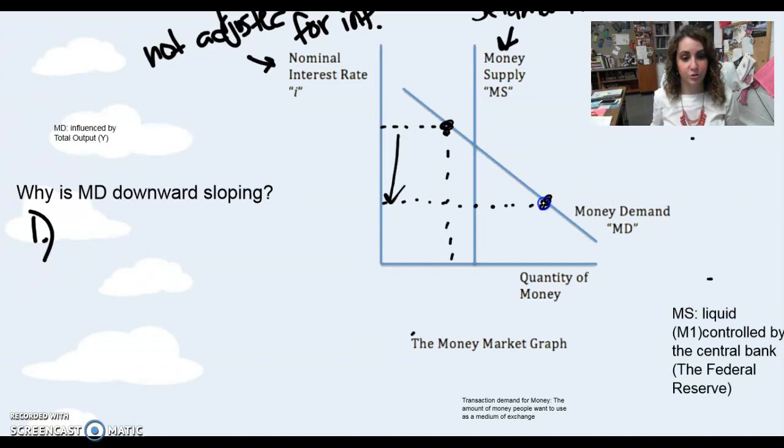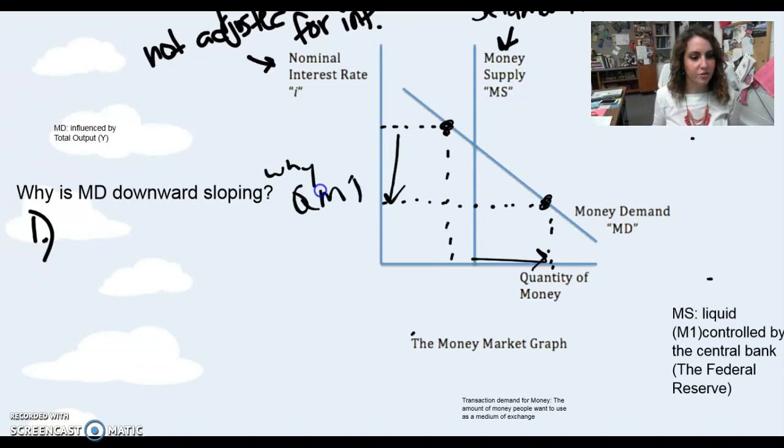And because money demand is downward sloping, that's saying there's a negative relationship. So if interest rates fall, there's going to be a higher quantity of money in circulation. And why is that? Why is the quantity of money increasing when nominal interest rates are low? Well, two reasons.